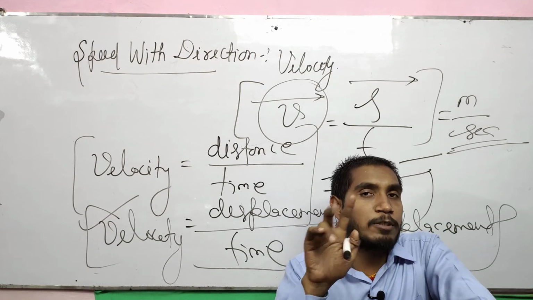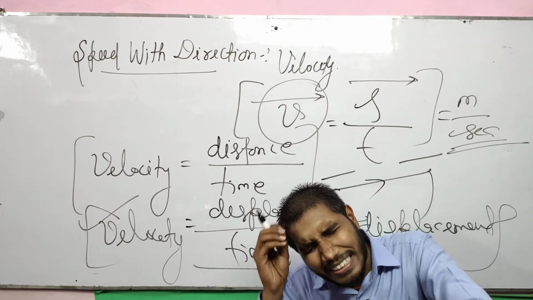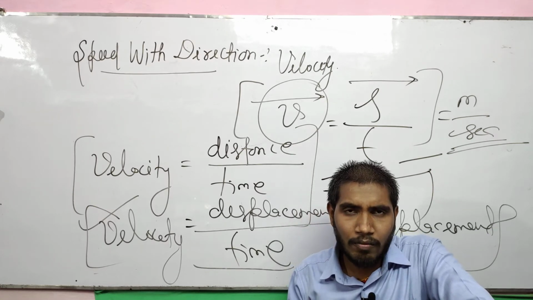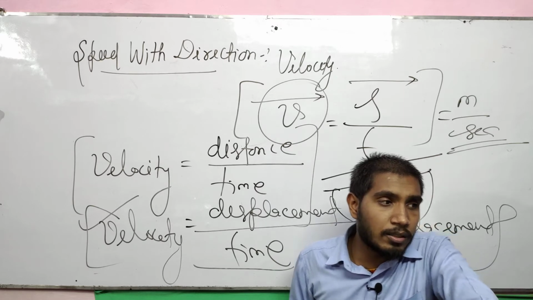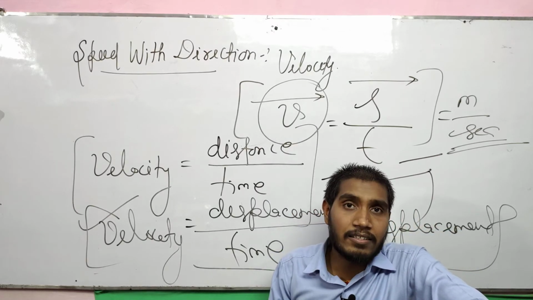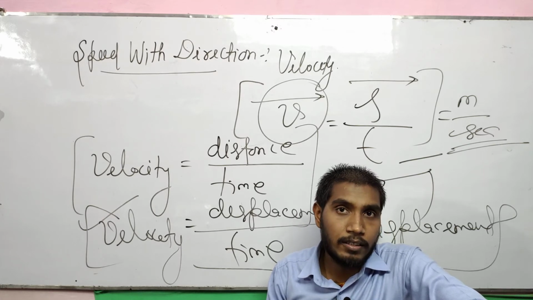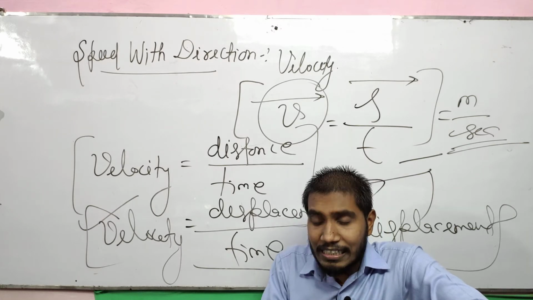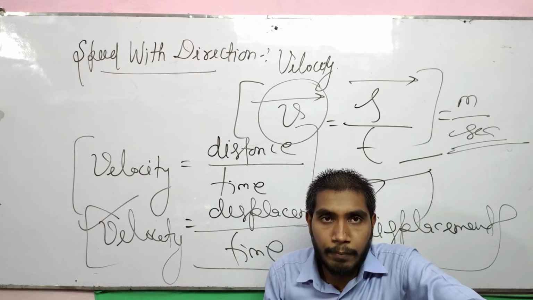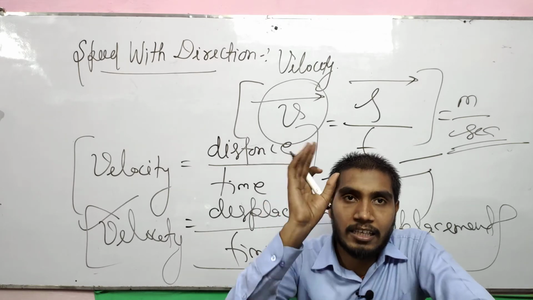So there are two types of definition, but both are the same. What is velocity? You can say the velocity of an object is the distance covered by an object per unit time in a given direction.